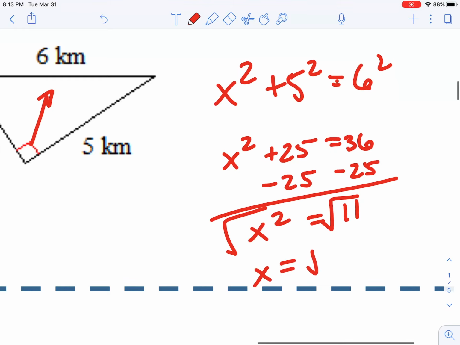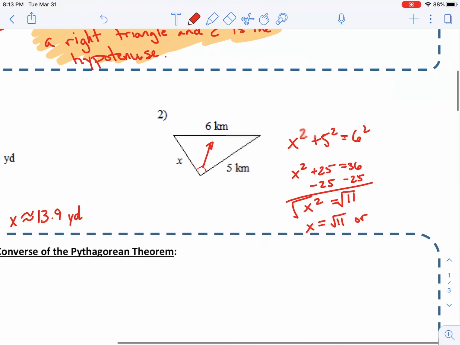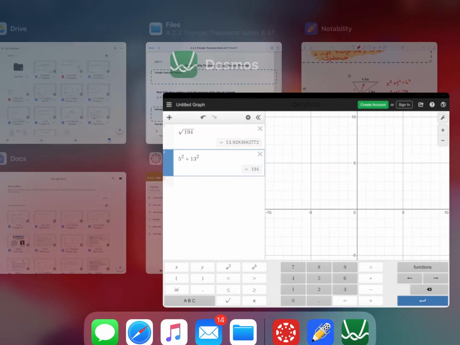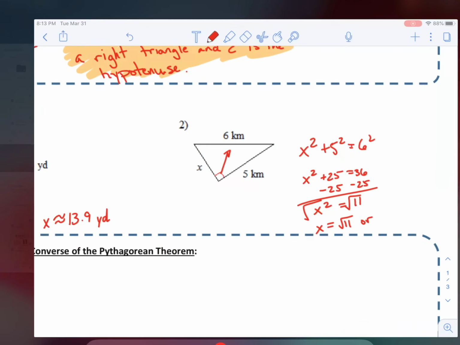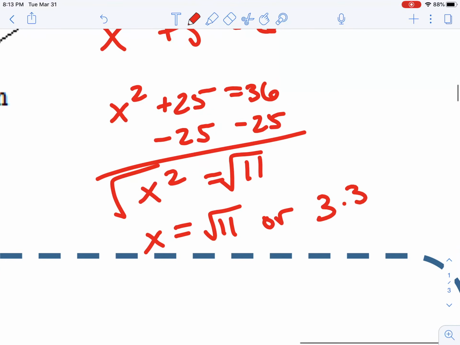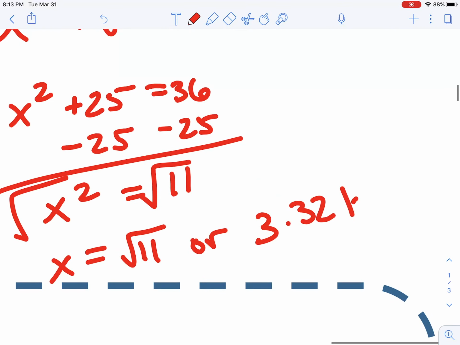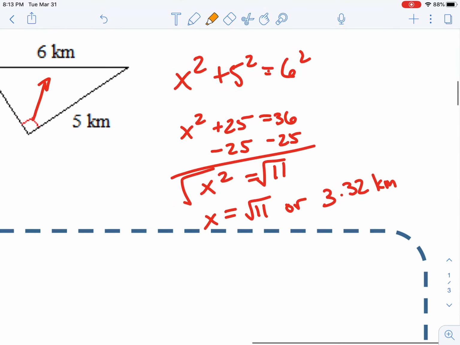Take the square root. x is the square root of 11, which is 3.32. And that is kilometers. Okay, there you go.